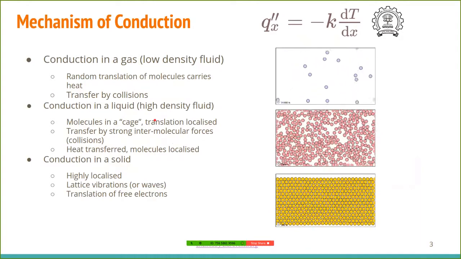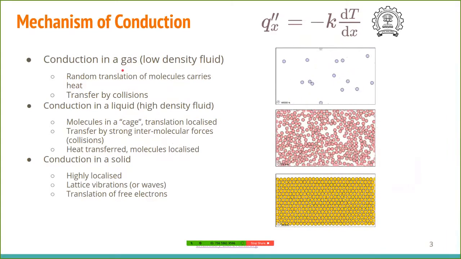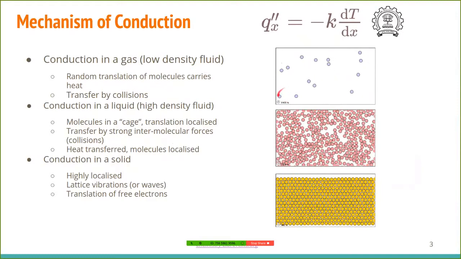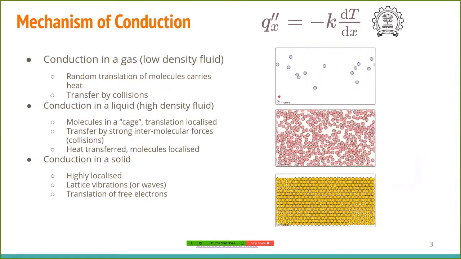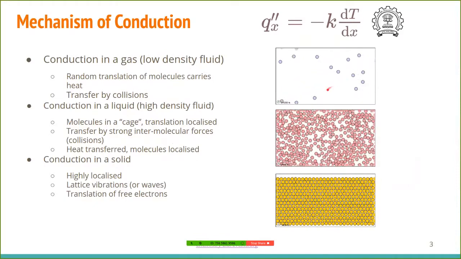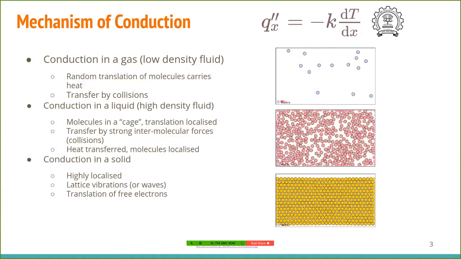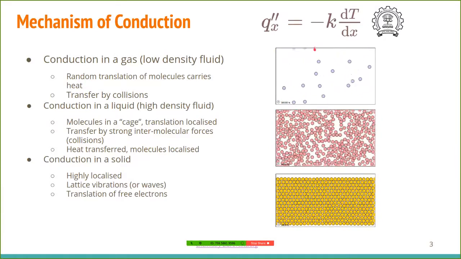Now, conduction is basically transport of this kinetic energy, which is the temperature. Conduction happens in gas by translation. Suppose a molecule here has low kinetic energy and a molecule there has high kinetic energy.